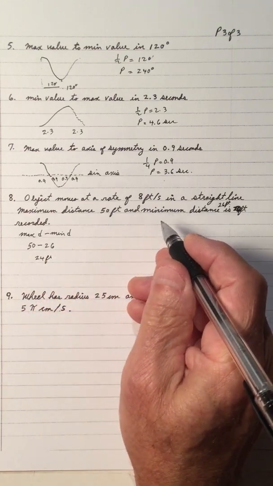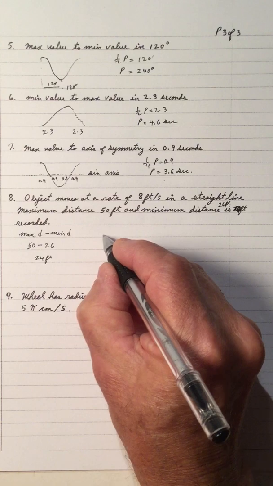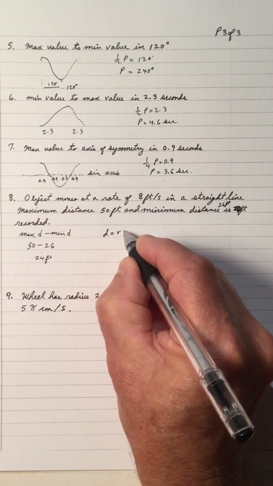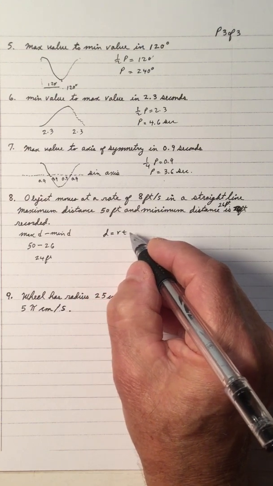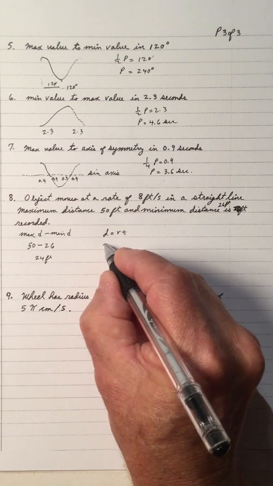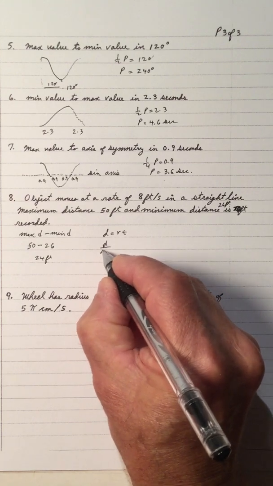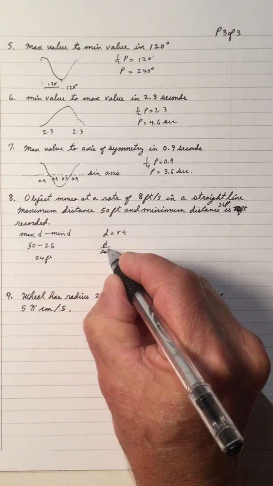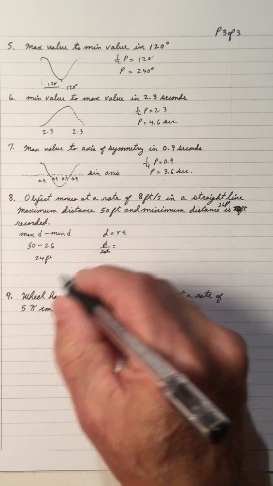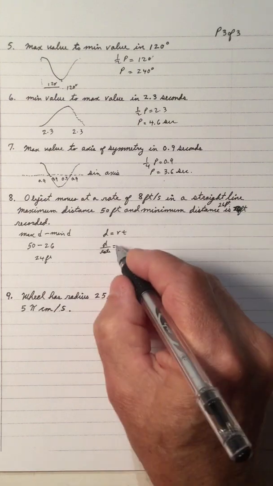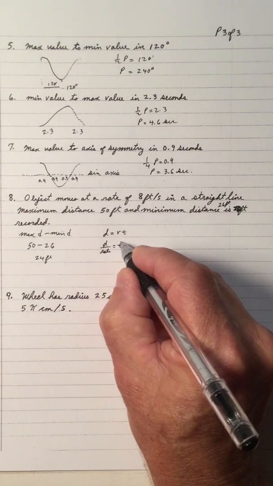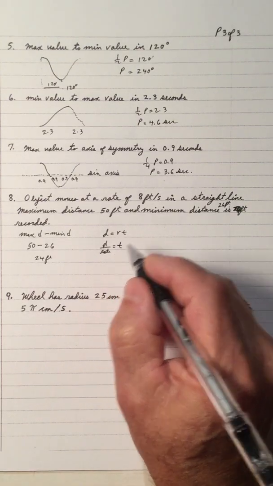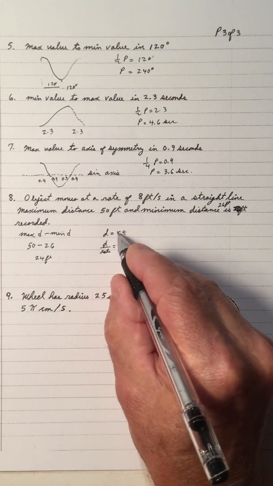But we know that distance equals rate times time. So if I want the period, that means the distance divided by, and I'll say rate, even though I got an R here. I'm going to put rate here so I won't get confused with the radius of a circle when I do a wheel turning. So the R here stands for rate.